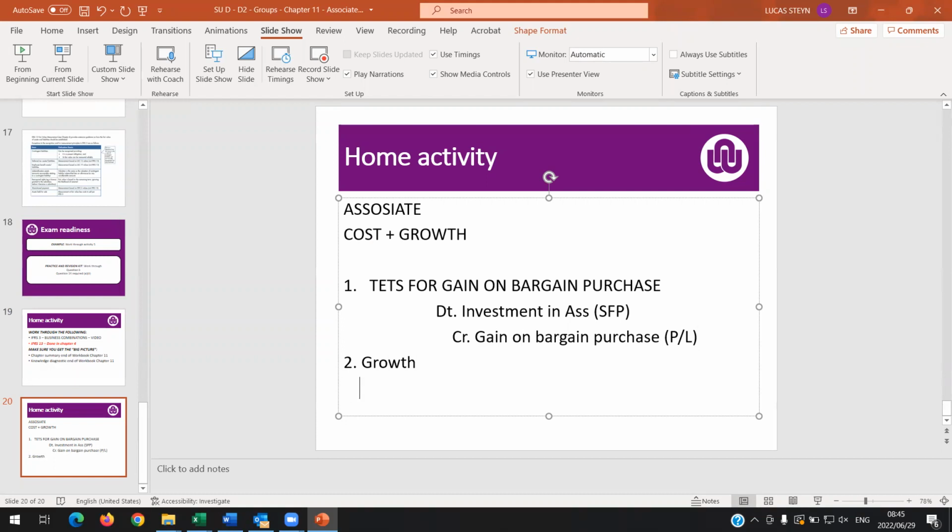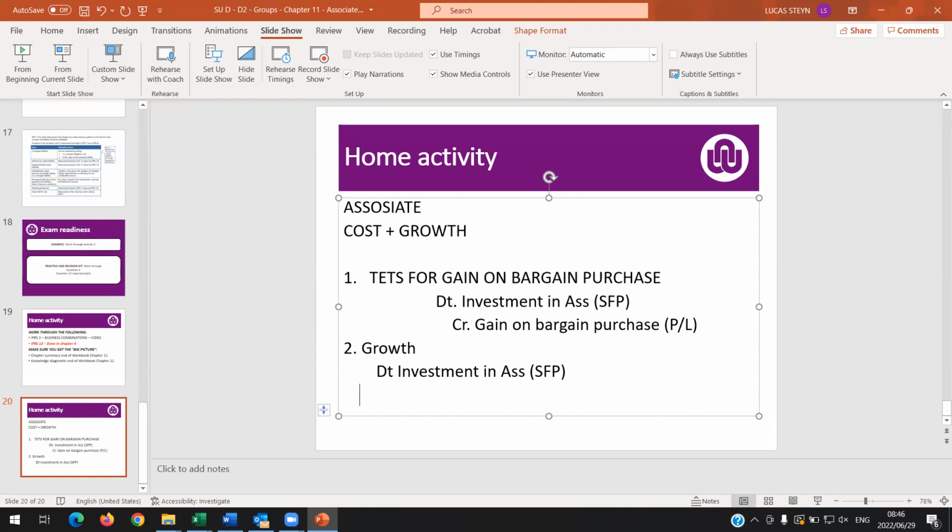And the main thing I need to see is it all goes into my investments. I will have debit my investment in the associate. And then there will be a lot of items that I credit. So all the growth of the prior years will go to retained earnings.